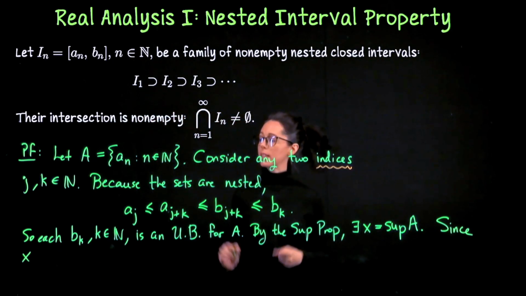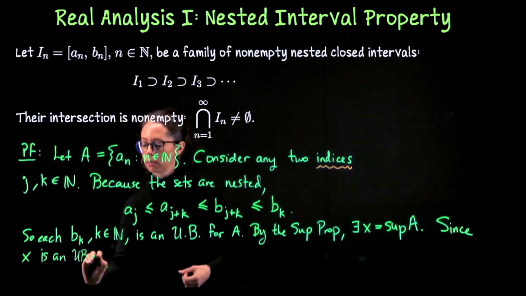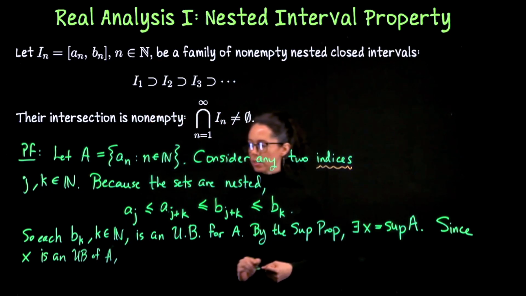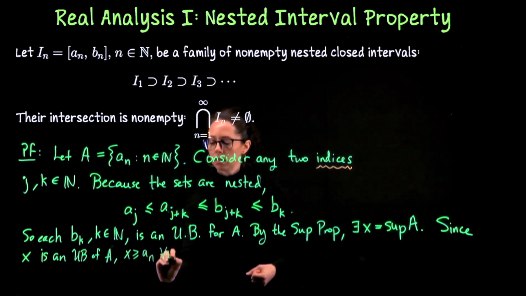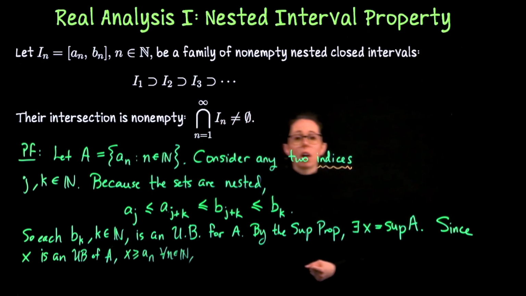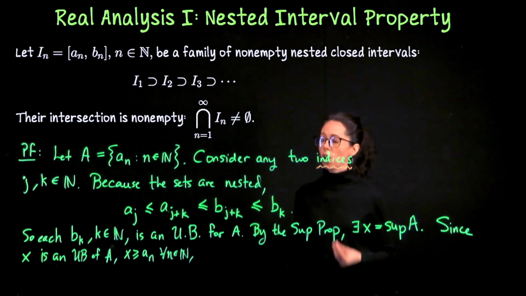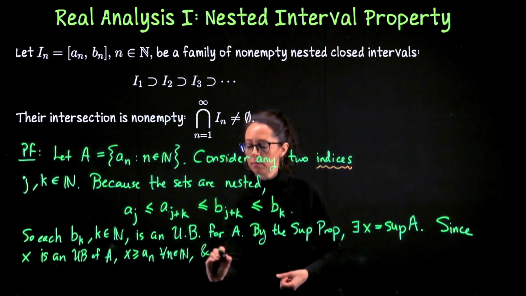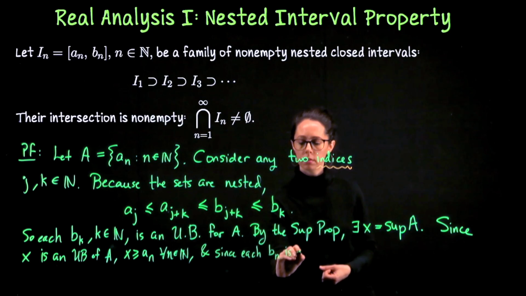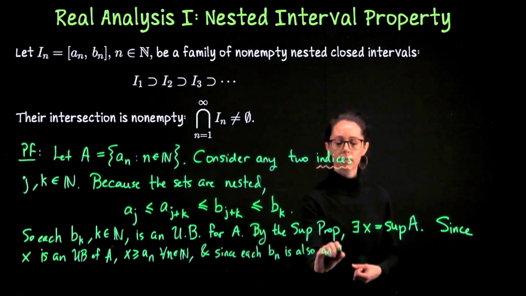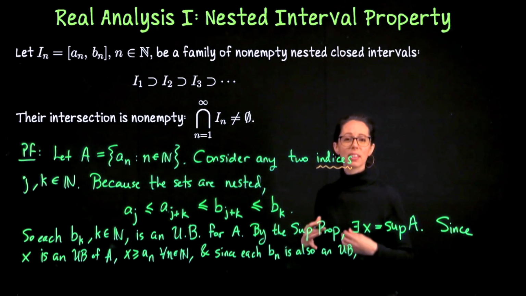Since x is an upper bound, x is greater than or equal to A sub n for all indices little n. And since each B sub n is also an upper bound, x is less than or equal to each B sub n because it is the least upper bound.